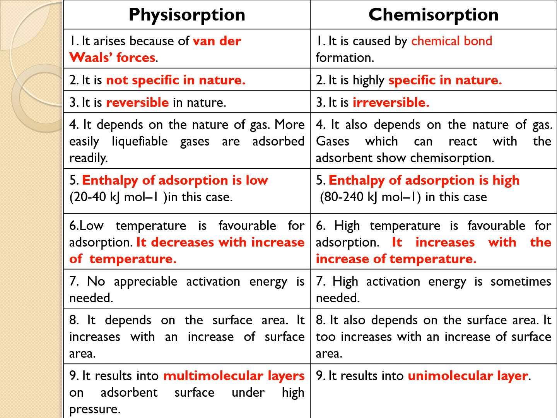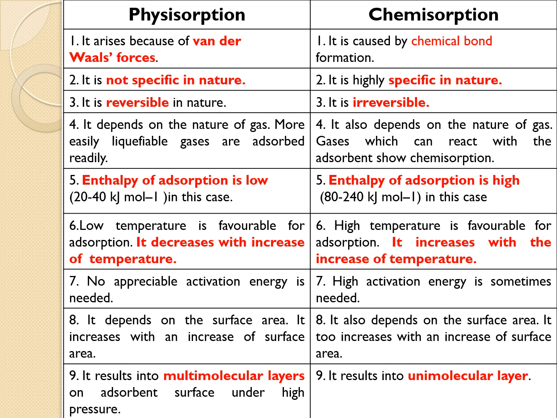In chemisorption, high temperature is favorable for adsorption. It increases with increase in temperature. In physisorption, no appreciable activation energy is needed. But on the other hand, in chemisorption, high activation energy is sometimes needed.